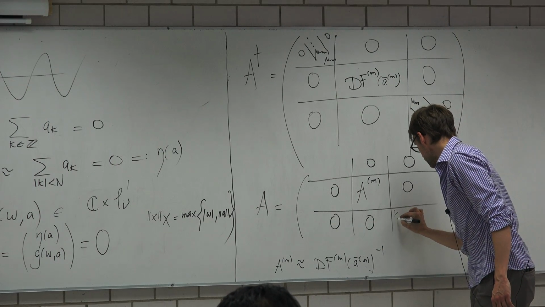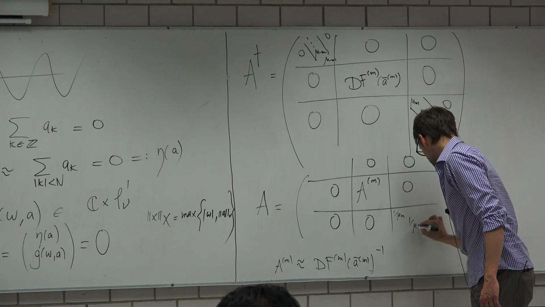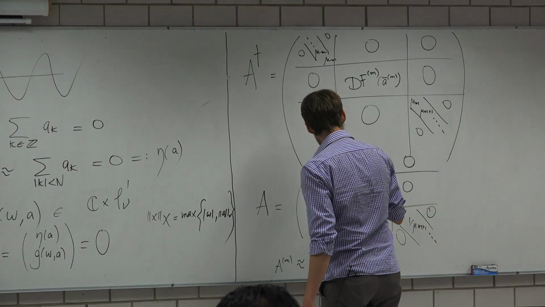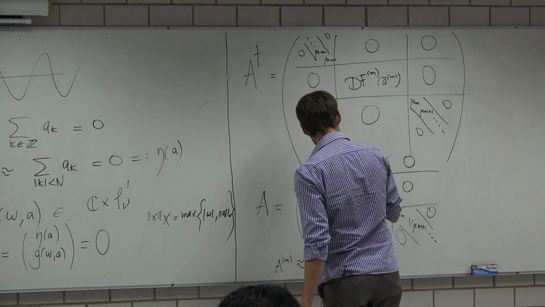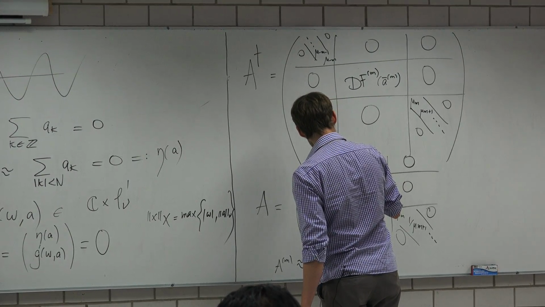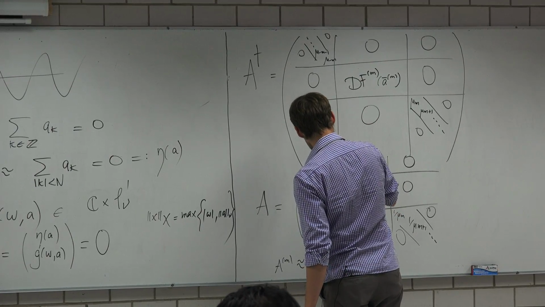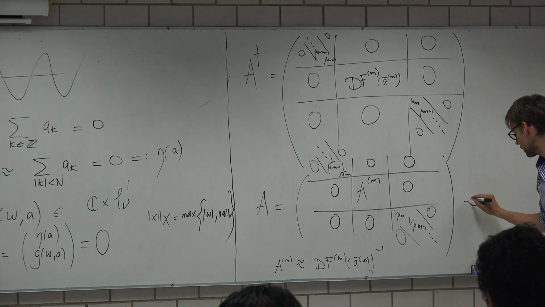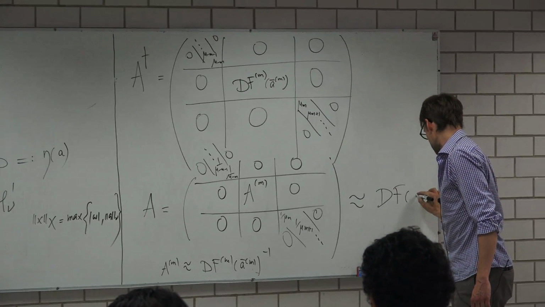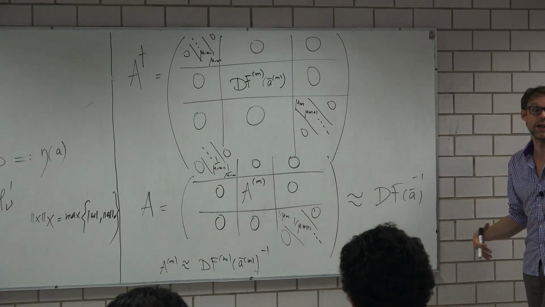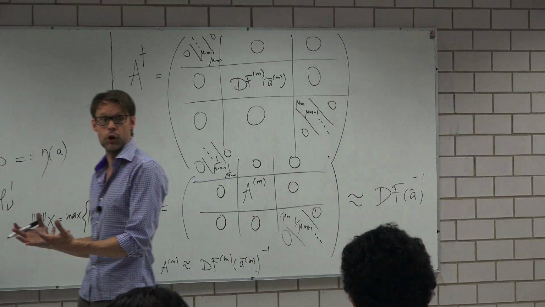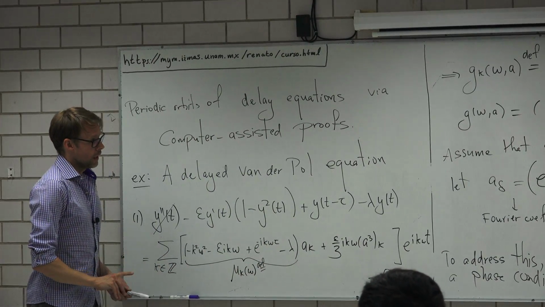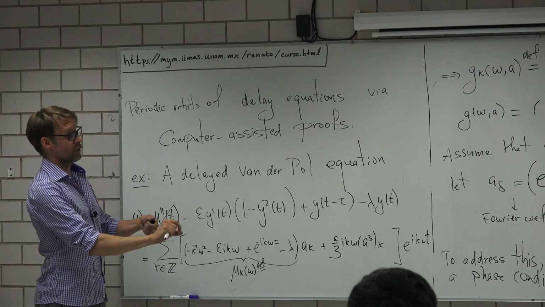So it's 1 over mu m, 1 over mu m plus 1, and so on. And the same thing here, 1 over mu minus m, 1 over mu minus m minus 1, and so on. So that's my approximate inverse. Okay, so again, it really comes from the understanding of the linear part of the delay differential equation. Okay, so now basically I'm going to stop in terms of the technicalities.